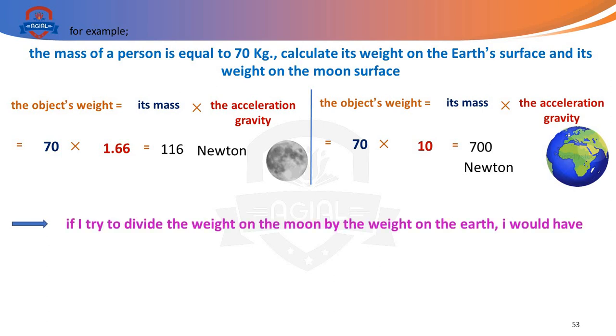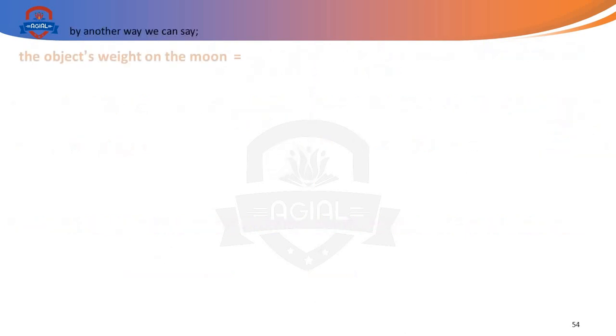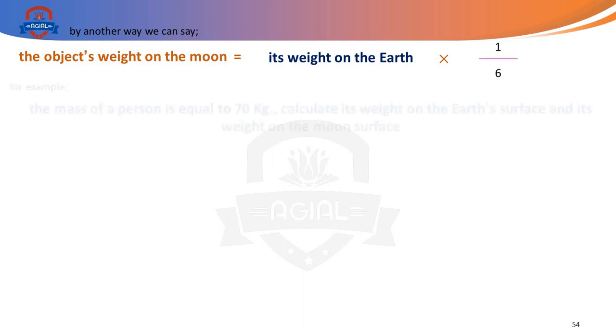Now, I want to try to divide the weight on the Moon by the weight on the Earth. I would have 116 over 700, which equals 1 over 6. So we can get the weight of an object on the Moon by only one step, which equals the weight on the Earth times 1 over 6.